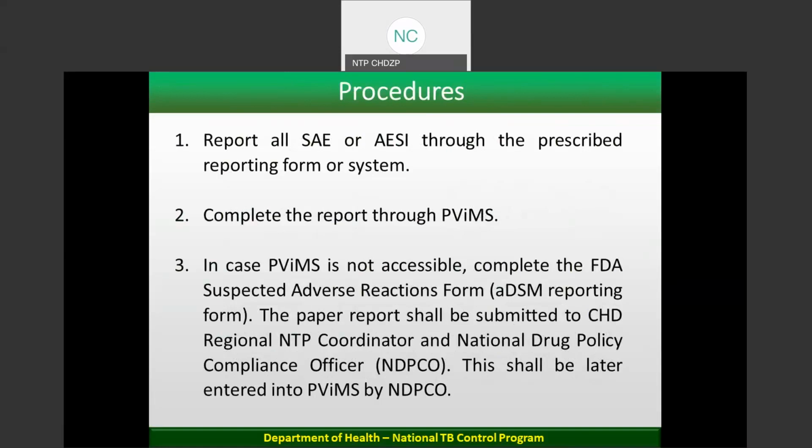In case PVIMS is not accessible, the staff should complete the FDA suspected adverse reaction form. This paper report shall be submitted to the Center for Health Development, regional NTP coordinators, and the National Drug Policy Compliance Officer. This shall be later entered into the PVIMS by NDPCO.